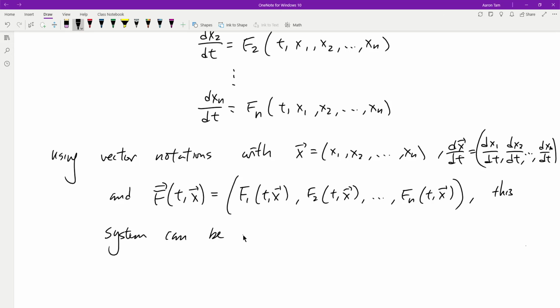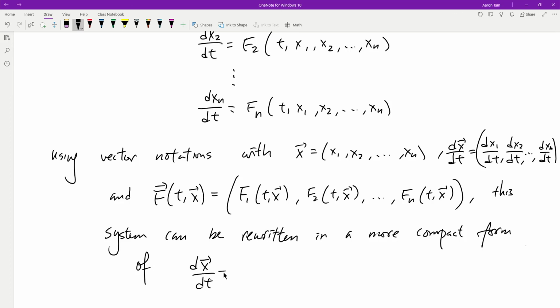So then this system can be rewritten into a much more compact form, which is a lot easier to write than a whole bunch of equations.